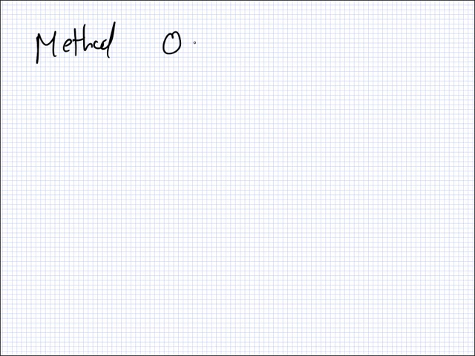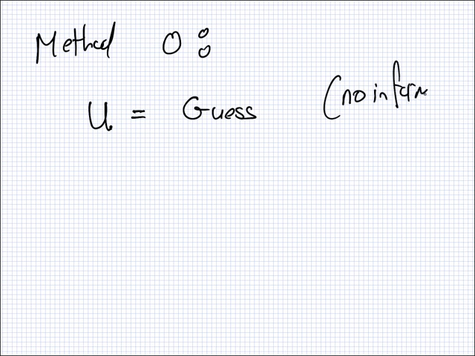Method 0. If you want to calculate the uncertainty of something, one way to do it is you just guess it. So you can see why this is the worst method. The time it's right to use this is if you have no information.